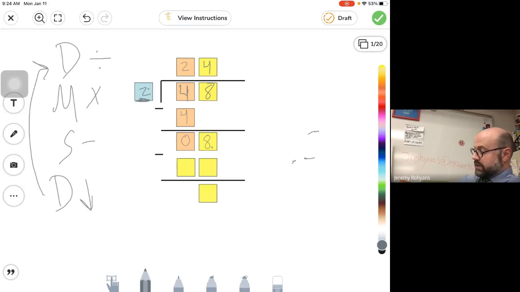So 2 times 4 is 8. 8 goes here. Subtract, 8 minus 8 is 0. We have no remainder. Therefore, what's the word for the answer to a division problem? Product? Nope, that's multiplication. Starts with a Q.